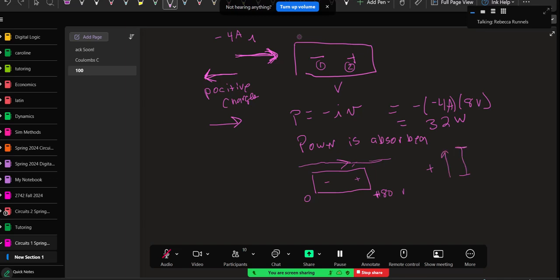So positive charges gain energy this way. Negative charges are going to lose potential as they're going from lower to higher. So we said it's the potential energy per unit charge, but you have to pay attention to the sign as well.